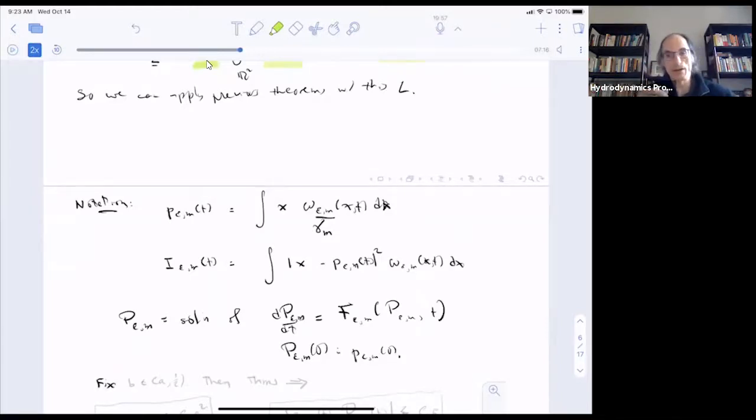And so remember, in my previous theorems, for the background flow, I can compare the motion of the center of vorticity to the particle trajectory given by solving the ODE associated with background flow, capital F. Here the relevant background flow is this F epsilon m. That's the background flow in the mth blob. And so I define capital P epsilon m to be the solution of the ODE, the trajectory given by that particular flow. And I take it at time 0 to be the center of vorticity of the mth blob.